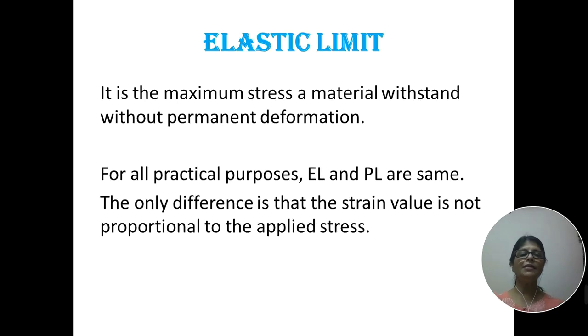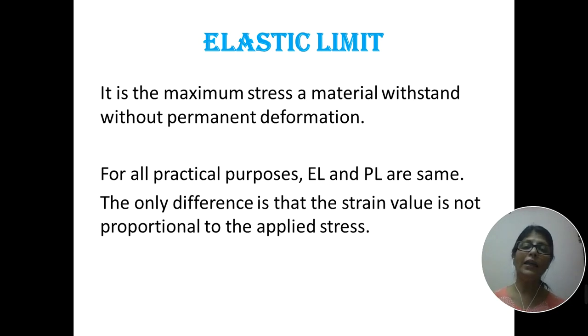Now next is the elastic limit. If you see the definition, the proportional limit and elastic limit are more or less the same. It is the maximum stress a material withstands without permanent deformation.